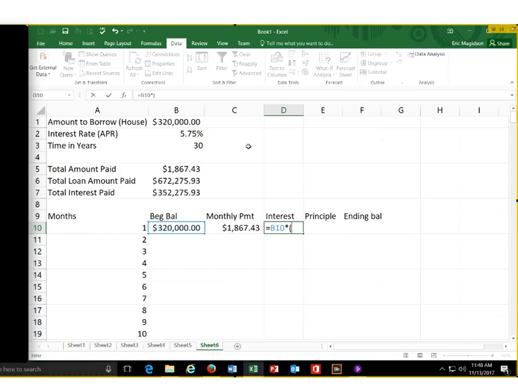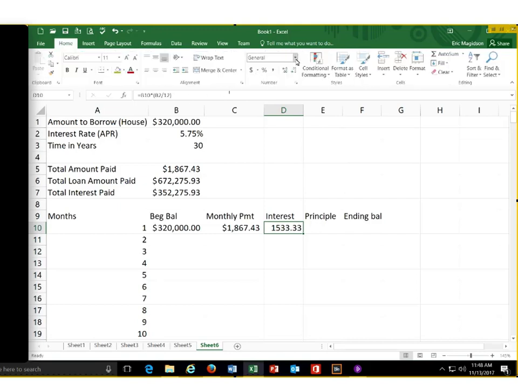Do I have monthly interest listed on my sheet? Do I have annual interest? So I take the annual interest divided by what? Divided by 12. That's now the monthly interest. Are you ready? How much do you think? A lot. You would be right. $1,500 of my first month's payment is going to go towards interest.